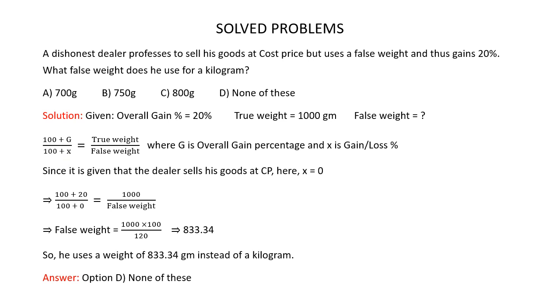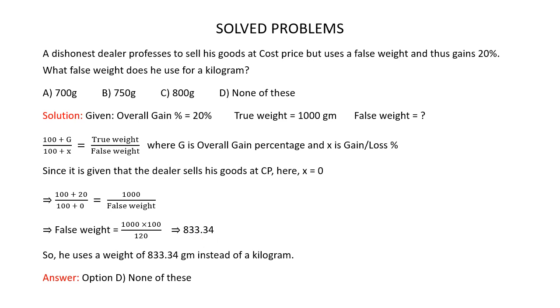Now substituting all these values in the formula here, we get (100 plus 20) divided by (100 plus 0) is equal to 1000 divided by false weight. On cross multiplication, we get false weight is equal to 1000 multiplied by 100 divided by 120, which is nothing but 833.34.